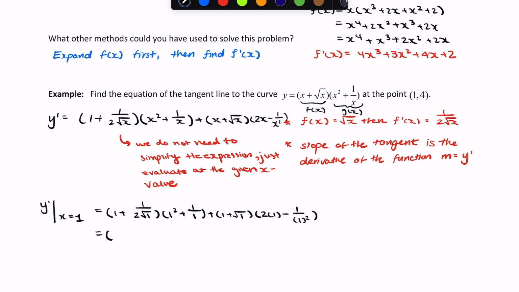So here, when we calculate that, we'll get 1 plus 1 over 2 times 2 plus 2 times 1.